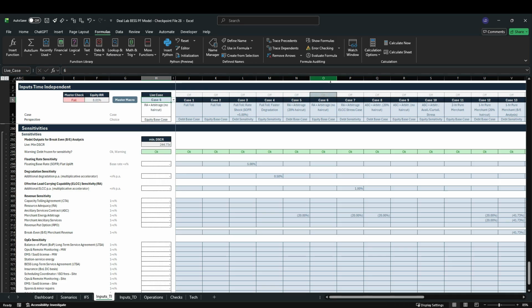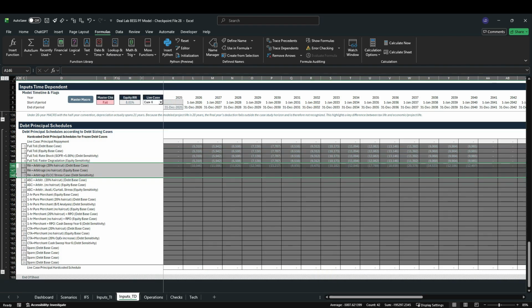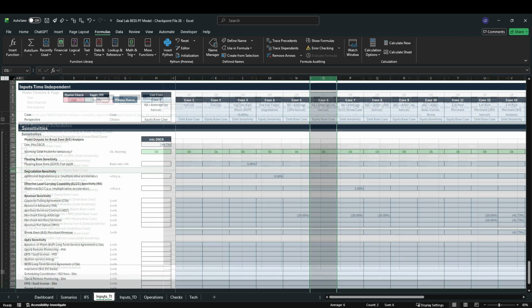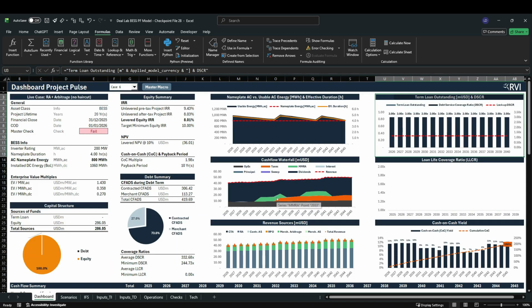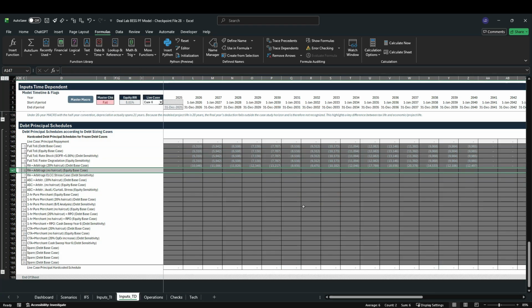Since we have not yet implemented any debt in our inputs time dependent section, and we assume our debt is not sized, that means we shouldn't see any debt itself. So this is basically the asset on an unlevered basis, which is obviously not what we would want for our equity base case. So we want to make sure that our debt schedule for our equity base case is also showing up.